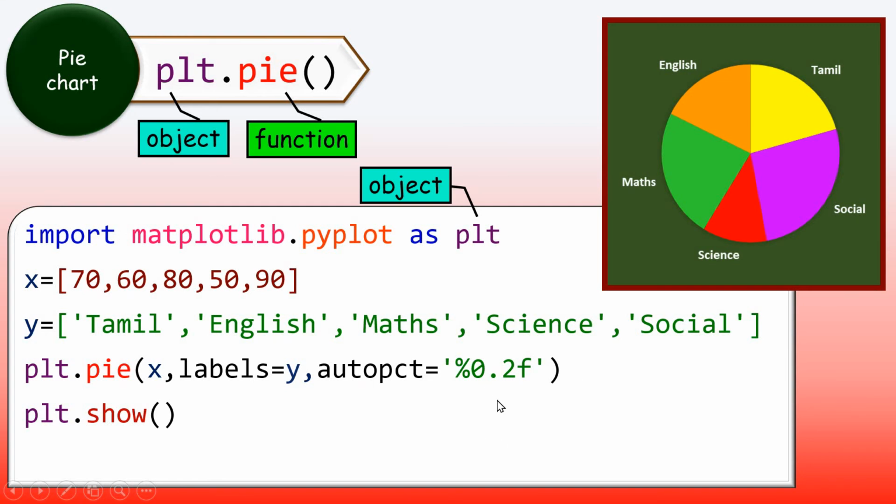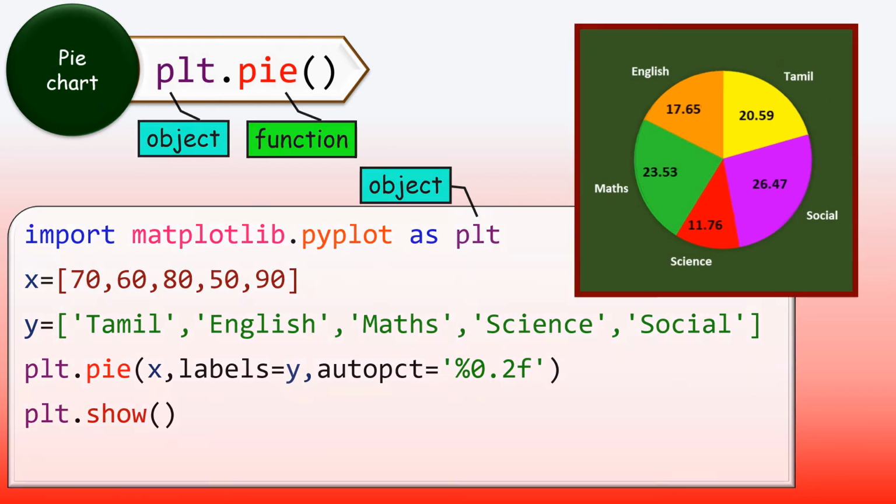The meaning of this is, I want the percentage value to be displayed as a float number with 2 decimal places. So look at the output. Can you see these values which are displayed now? They are the percentage values with 2 decimal places.